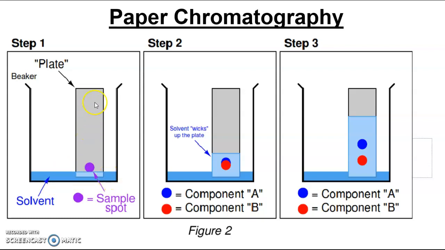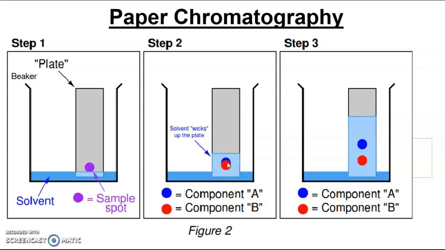Here we are using a beaker, but generally we take this apparatus inside a closed jar. As the solvent moves from bottom to top due to capillary action, this is the principle, capillary action against the gravitational force.